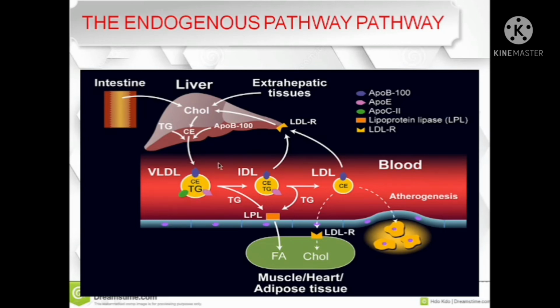Once that happens, there will be transfer of ApoC back to HDL. Once the last ApoC2 has been transferred to HDL, this VLDL changes to IDL. Very, very important. We said that about half of the IDL is taken up by the hepatic triglyceride receptor.